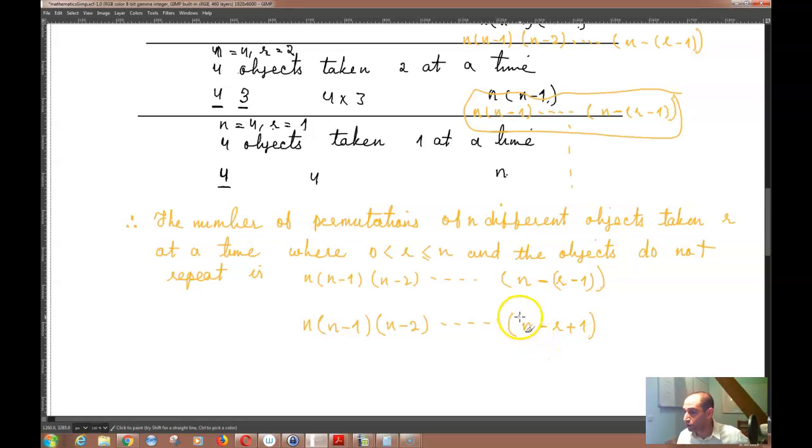So that's basically theorem number 1. Now this theorem can be proved, and we will prove it.